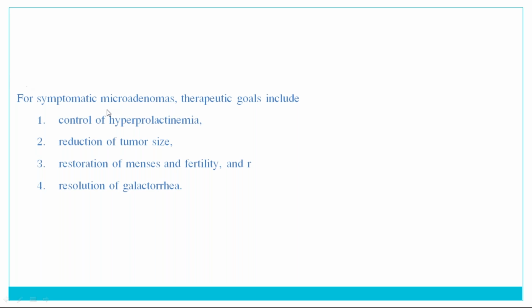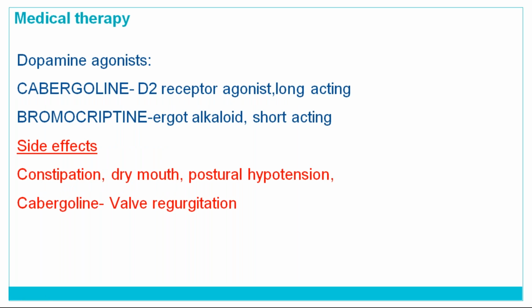And the other thing is we should reduce the level of prolactin, because increased levels of prolactin cause all sorts of symptoms like loss of libido, hirsutism, weight gain and all. So you should control the levels of prolactin and you should resolve the galactorrhea. So these four will be our goals for the treatment of hyperprolactinemia. Okay.